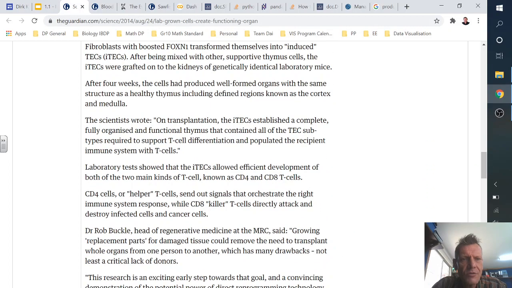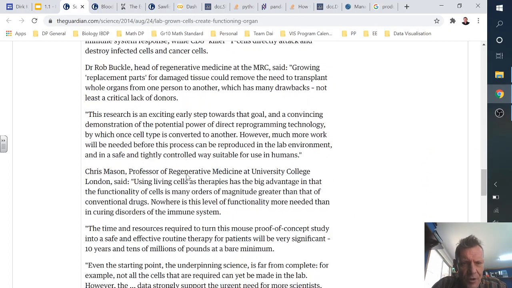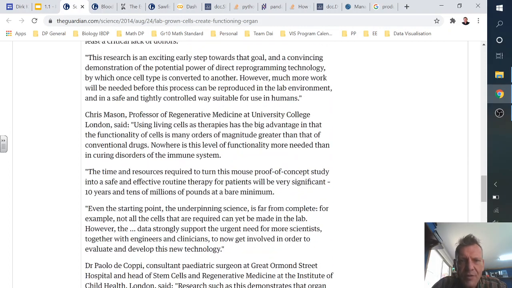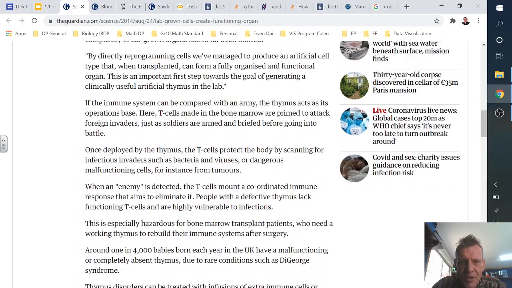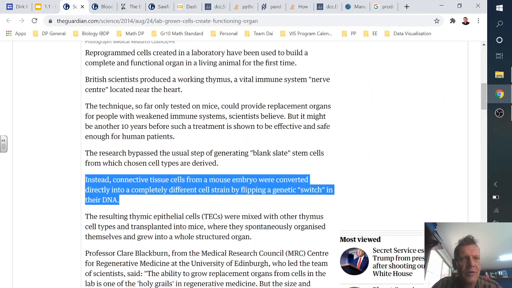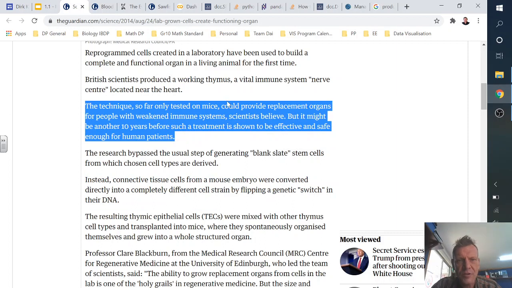I did see something interesting. I thought it was interesting to point out that this kind of technology will take years and years before it can be developed safely. Here it was: the technique so far is only tested on mice. It might be another 10 years before such a treatment is shown to be effective.